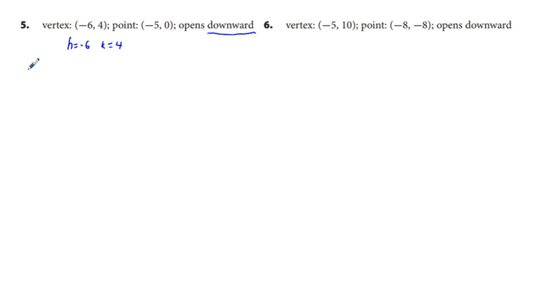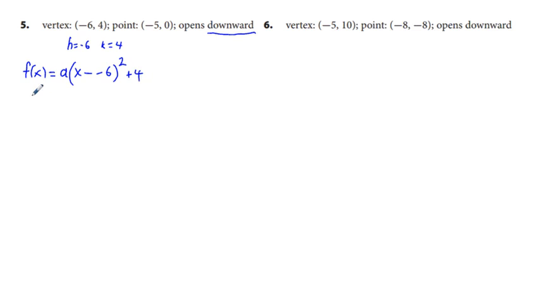So our function in vertex form is going to be f of x equals a, which we don't know yet, times x minus -6 squared. And this is what we have to do. If h is negative, we have to make it x minus -6, and then we put plus 4.